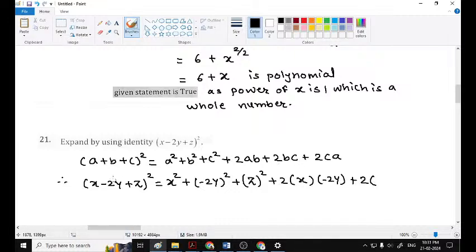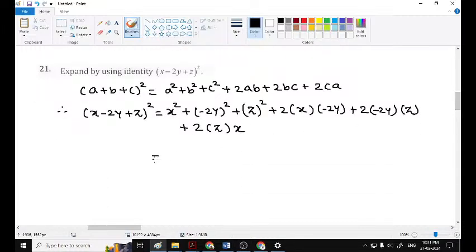So 2 into the value of b, which is minus 2y, and the value of c is z, plus 2 into c, that is z, into a, which is x. So this is x square, and a square is always positive, so this is 4y square plus z square.